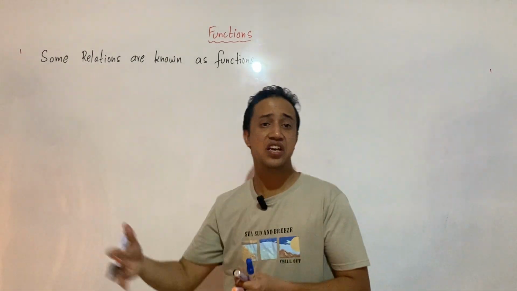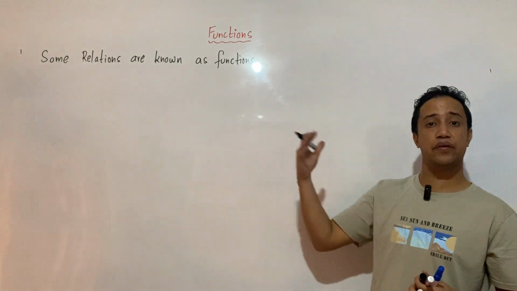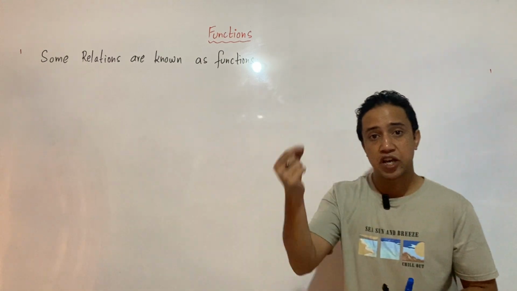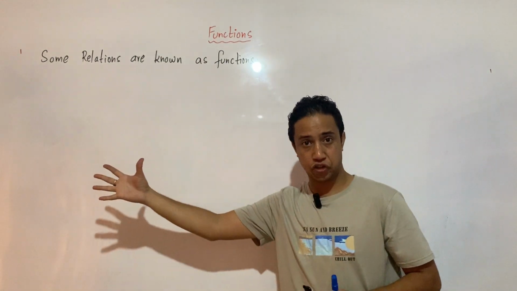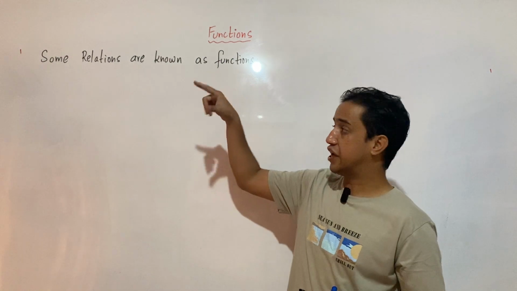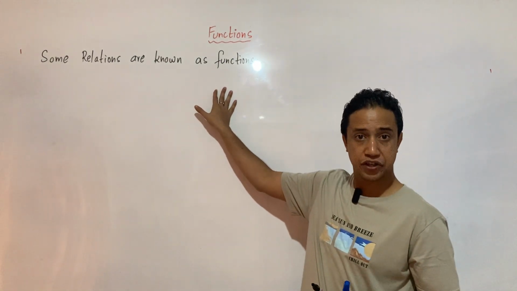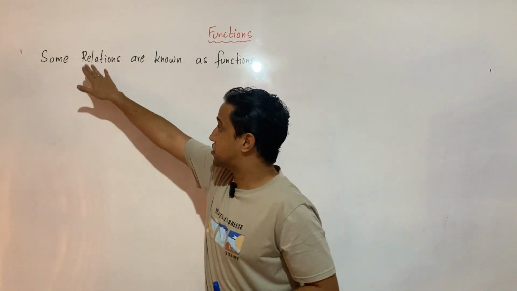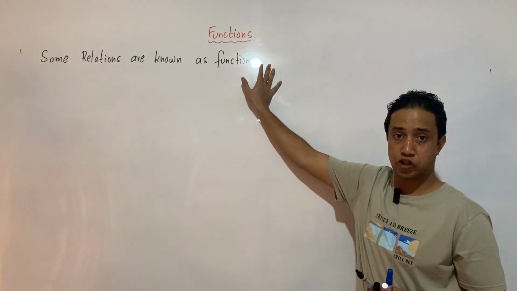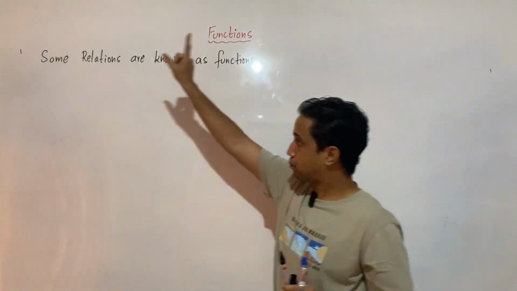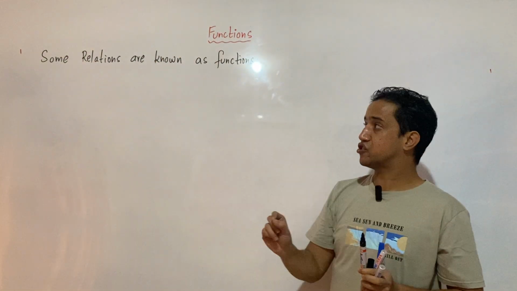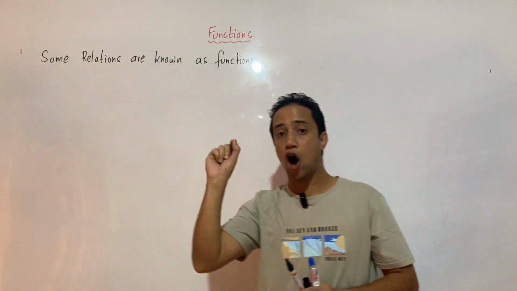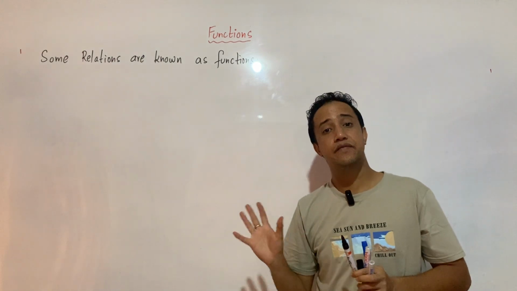Why? Because it says some relations are functions, whereas some are not. So it means that there are some conditions put on relations in order for it to behave as a function. I am repeating again: this statement simply says that there are some conditions put on relations in order for that relation to be a function.